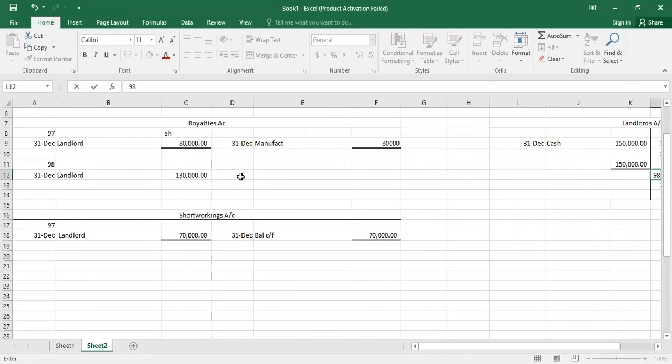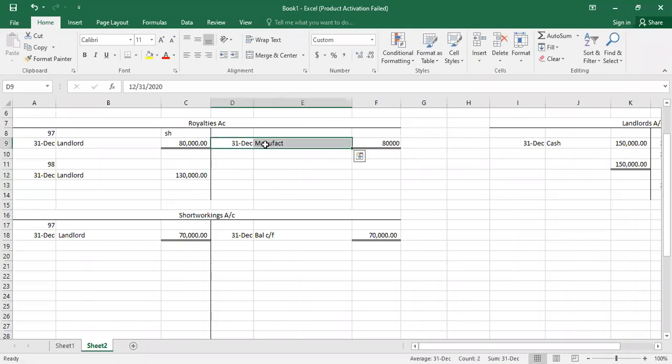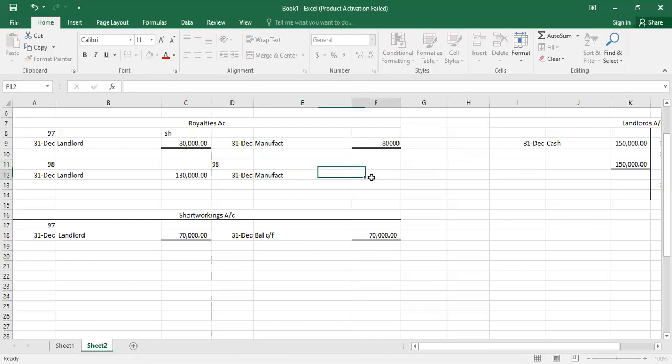So we are closing this account as at the end of the period. Manufacturing. So the year is 98. It's 130.